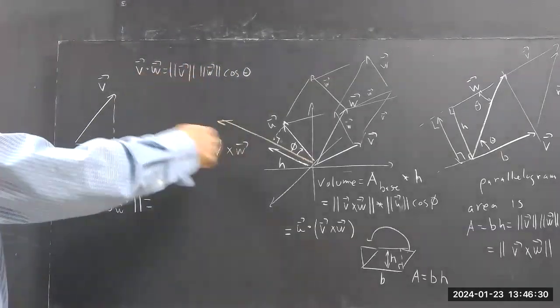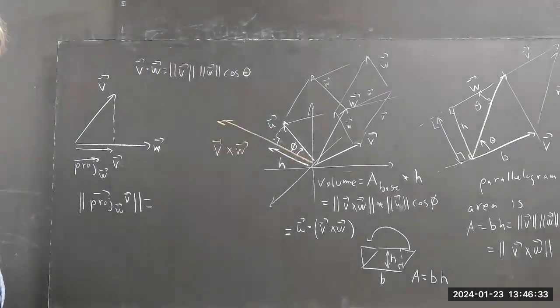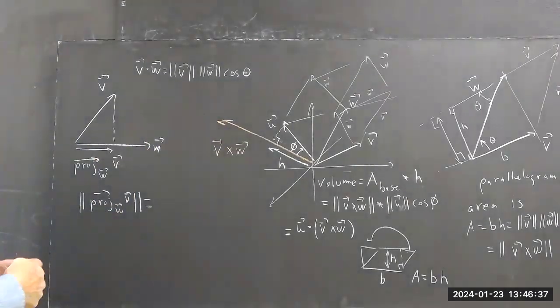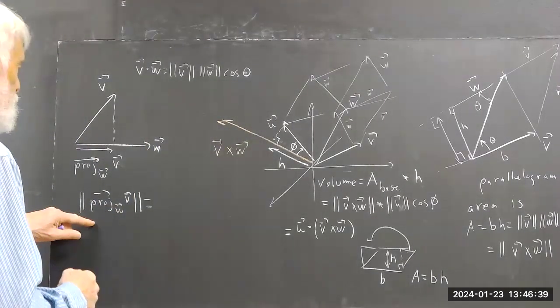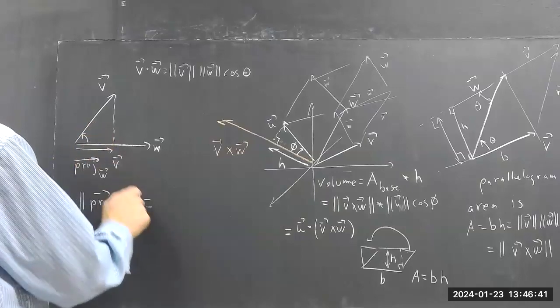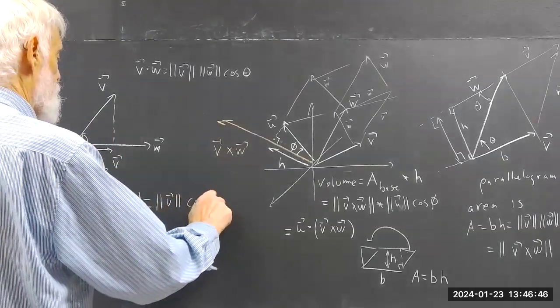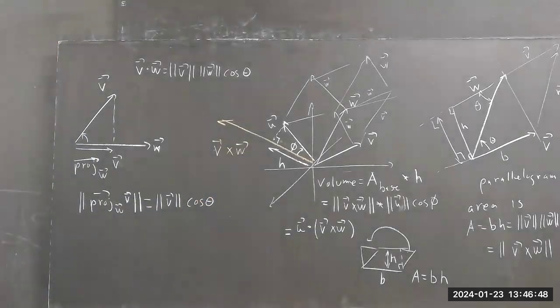V dot W is the product of these magnitudes, right? The magnitude of the projection is just the magnitude of V times cosine theta, right?